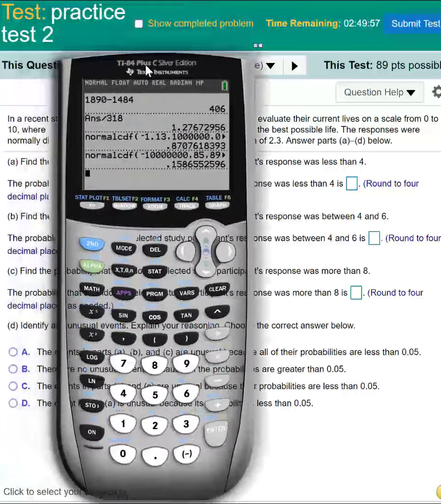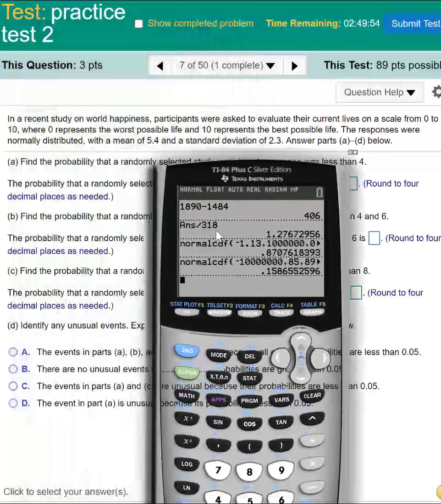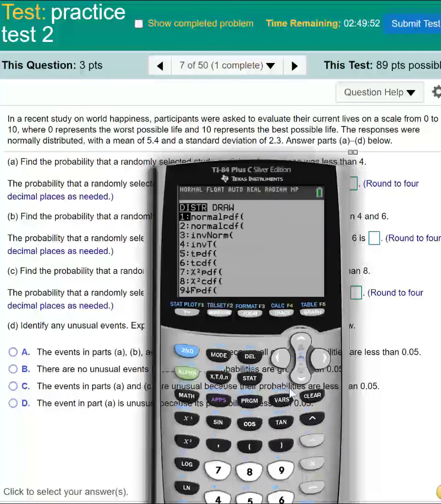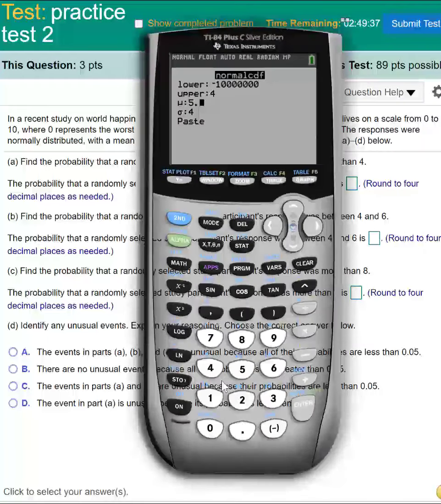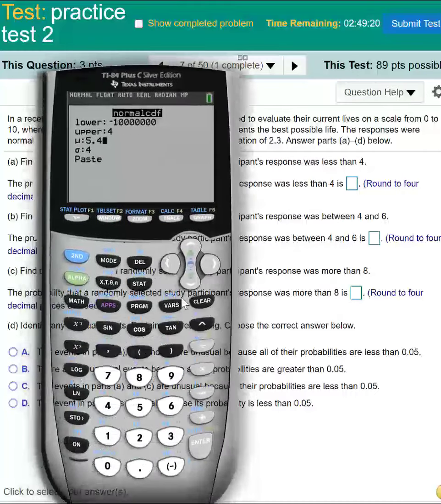So again, it's normal CDF. So you go to second, variables, normal CDF, and then less than 4, so negative a million, that's good, and then you put a 4, then you put the mean, which is 5.4, then you put the standard deviation, which is 2.3.